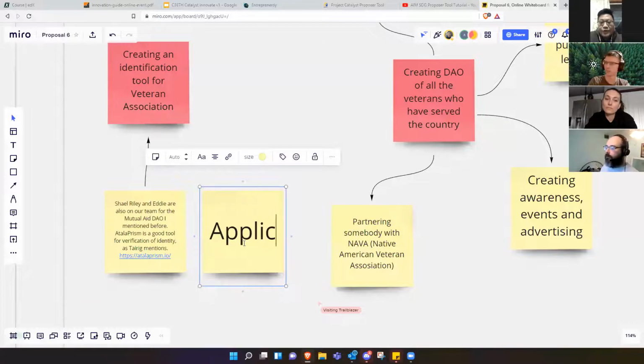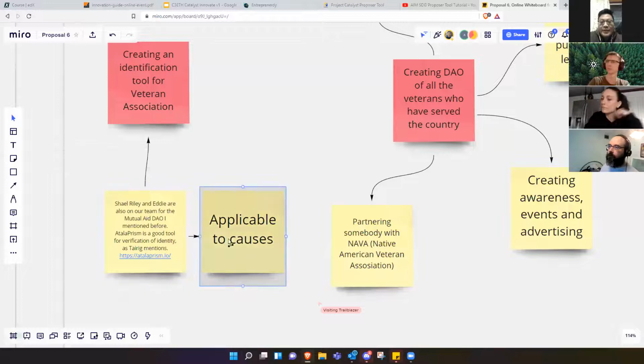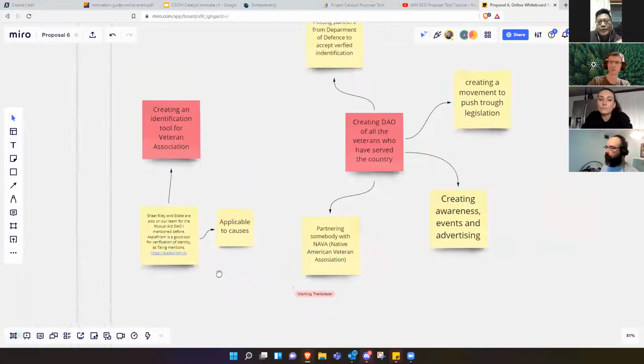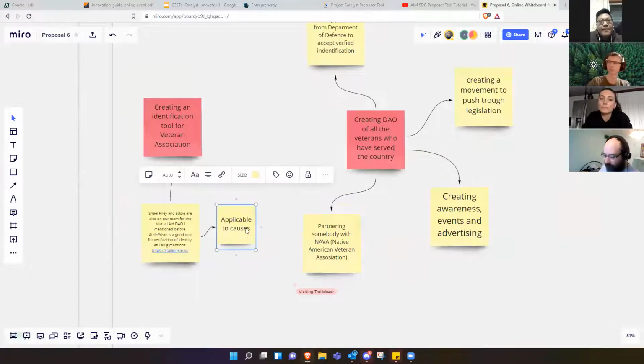Like, I have a friend who has a political cause, and he works himself to the bone on his cause. And I think what we're doing is sort of a place where people can help each other.